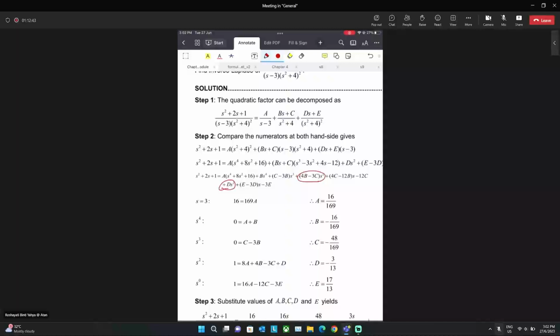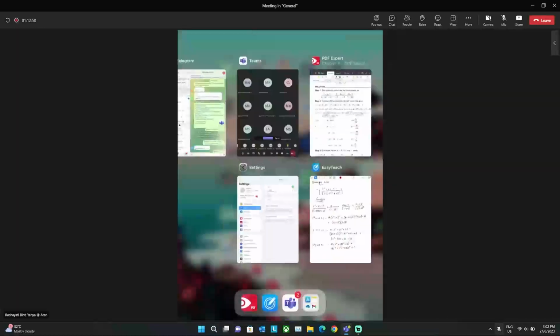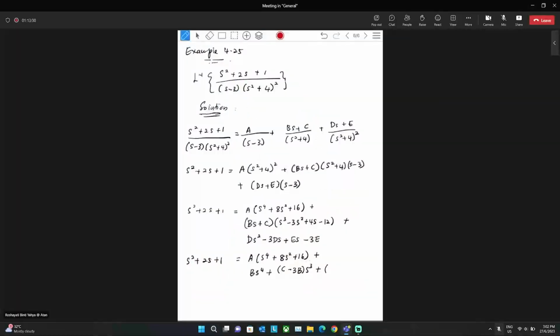It also does not combine with this for S squared, for example, or S does not combine with this S. Why, class?